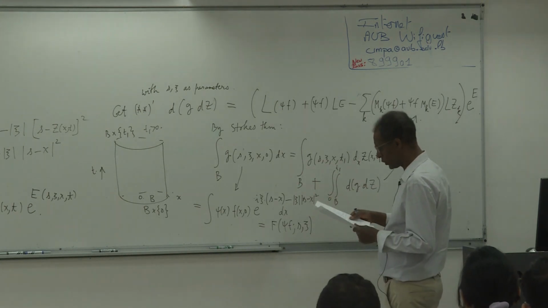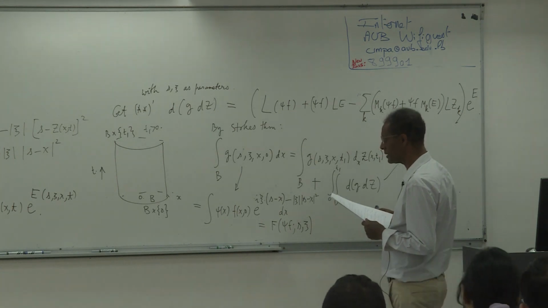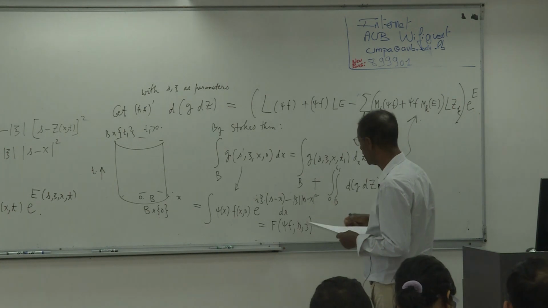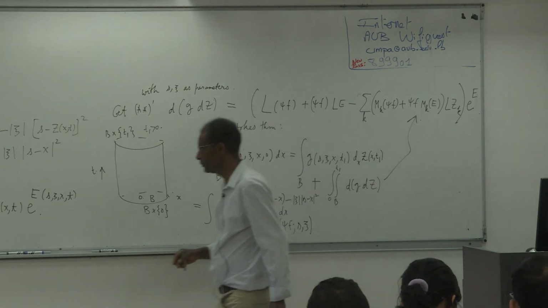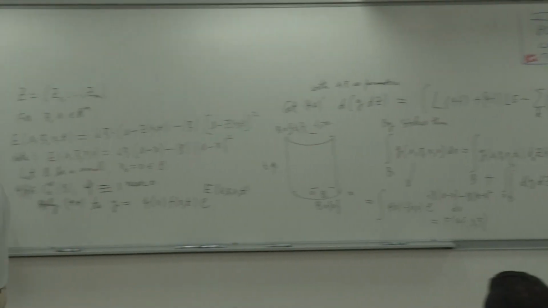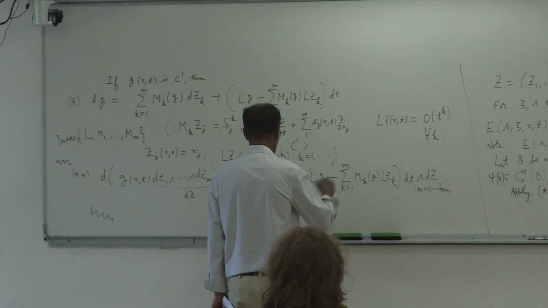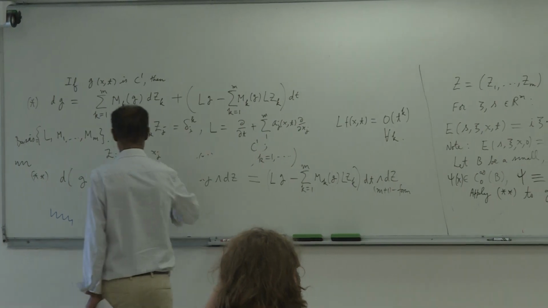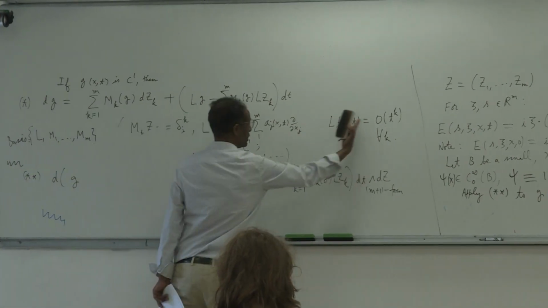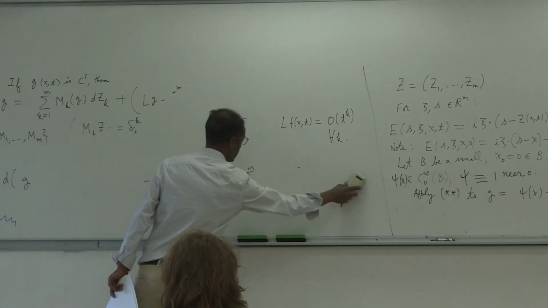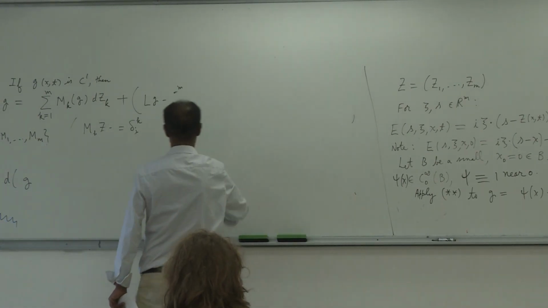Okay, so let me see which one I want to estimate. Okay, let me estimate this. Okay, I haven't used the hypothesis so far, and I haven't used this. Well, I haven't used anything in the hypothesis so far.